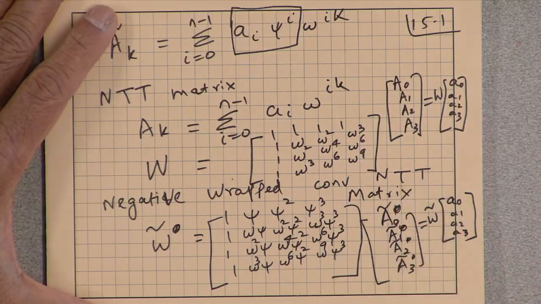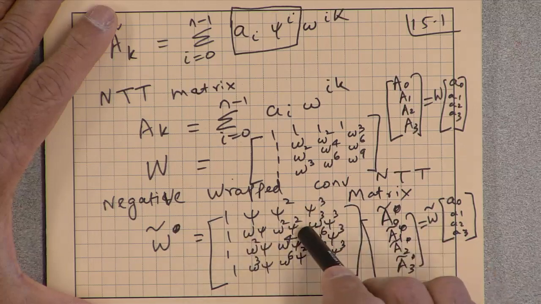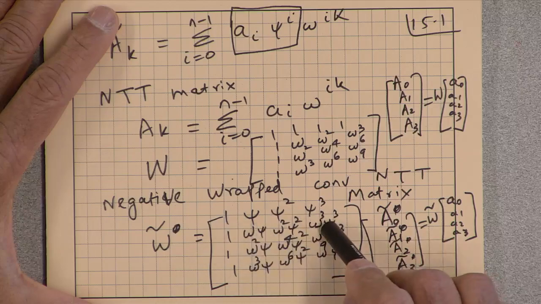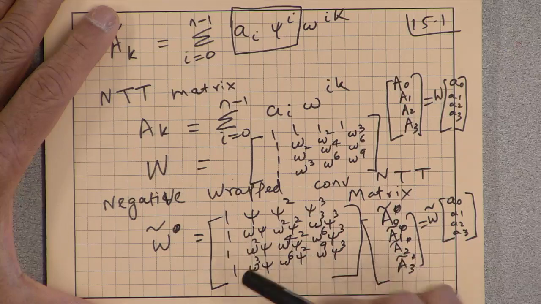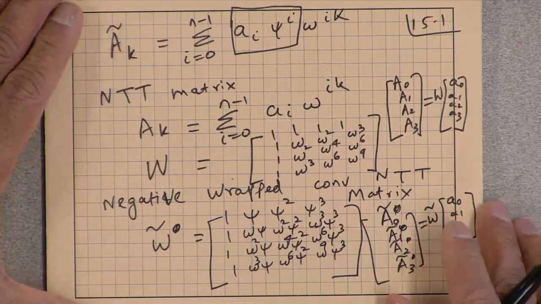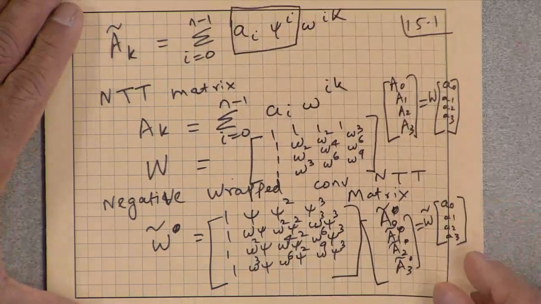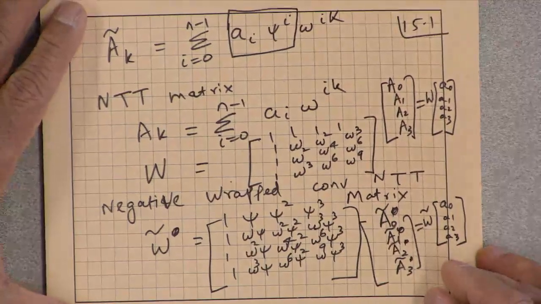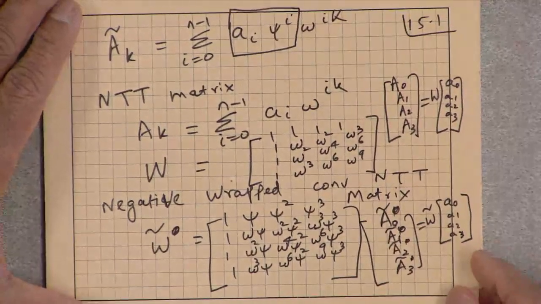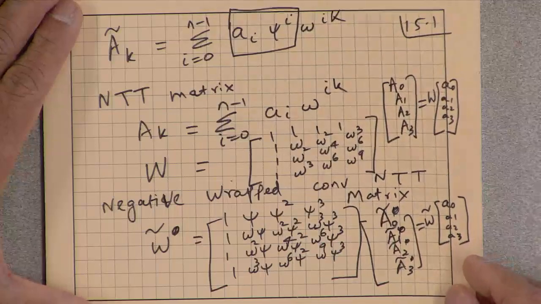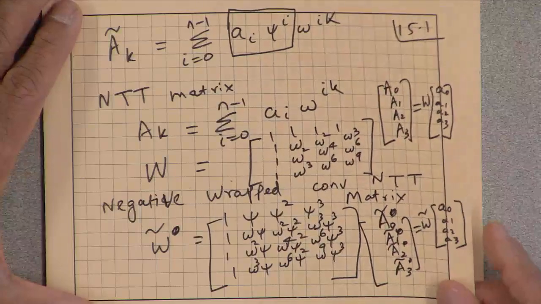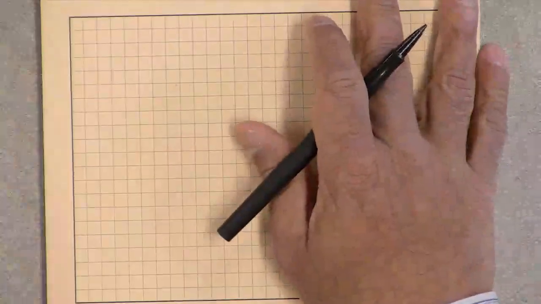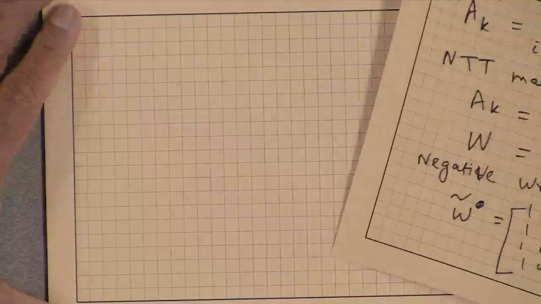That is not possible because this matrix is not symmetric. If I transpose the first row, 1, psi, psi squared, psi cube is not 1, 1, 1, 1. So that's something to keep in mind, a very important property. So the whole process of transposing one FFT structure to get another equivalent FFT or even NTT doesn't really apply here. Is that making sense? Okay. So that's something good to remember.